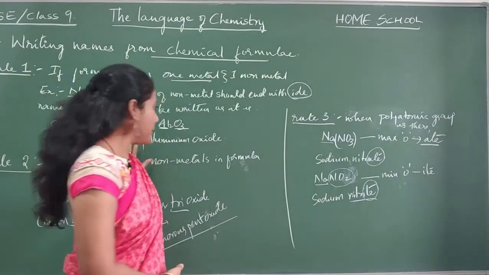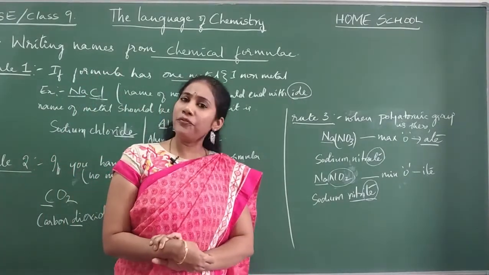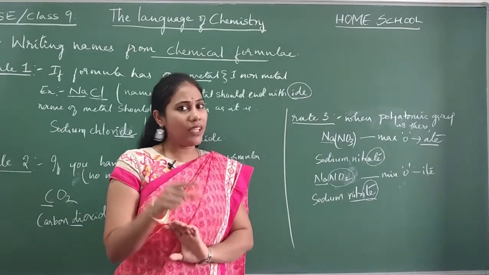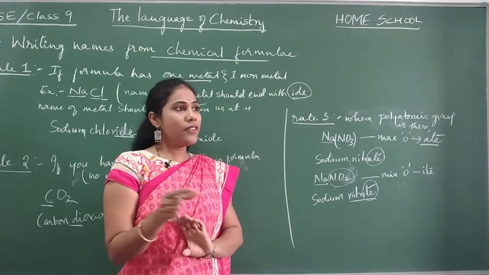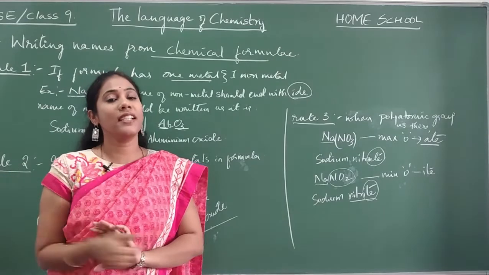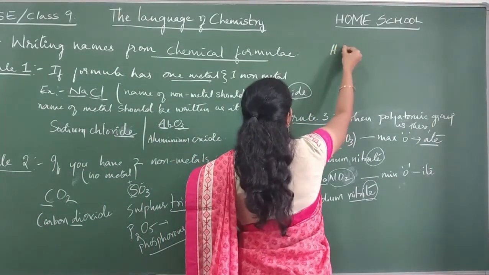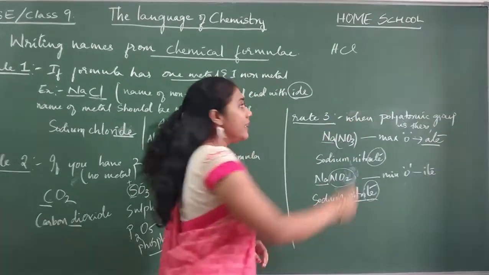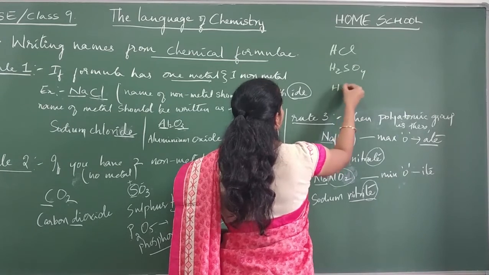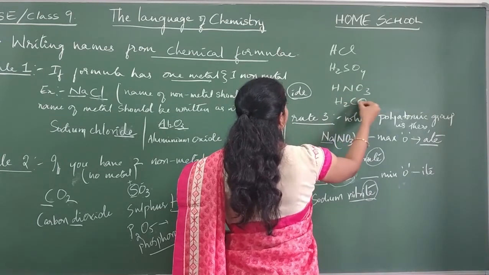You have to remember mainly the 3 rules, but you can't give the names based only on these 3 rules. We have some exceptions also. Say for example, there are some famous acids that we commonly use in chemistry: HCl, H2SO4, HNO3, H2CO3.